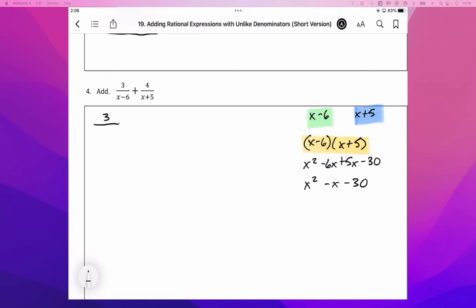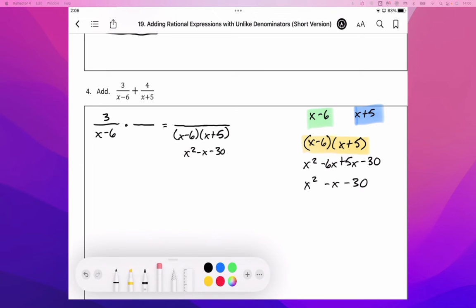And so what I mean by that is we're going to say I got 3 over x minus 6 times something. We'll make a denominator of x minus 6 times x plus 5. And again, I could have written x squared minus x minus 30 here, but how am I supposed to know what I would need to make it x squared minus x minus 30?